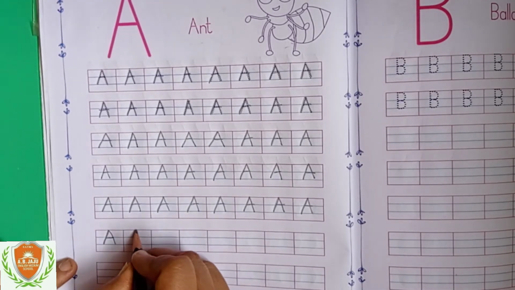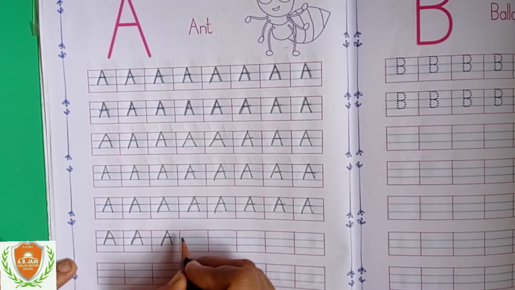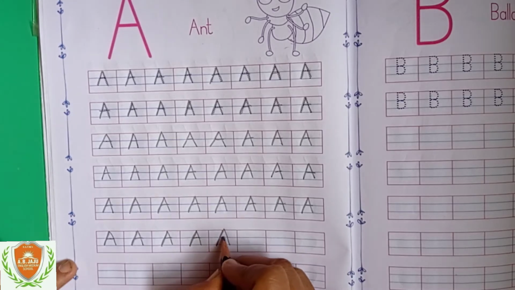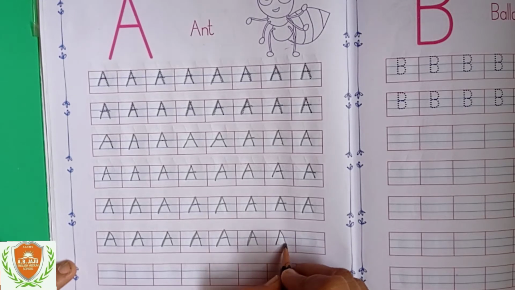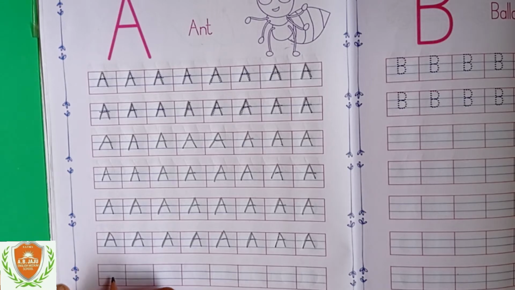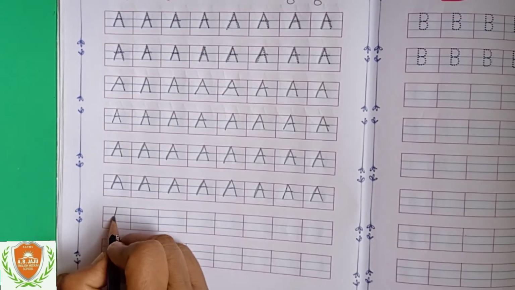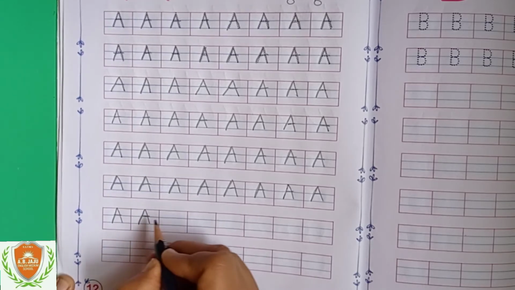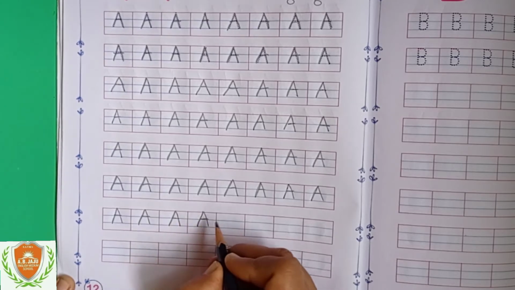Capital A, apple, ant, axe, alligator, arrow. Which letter? Capital A. Like this we have to write. It's very easy, student.